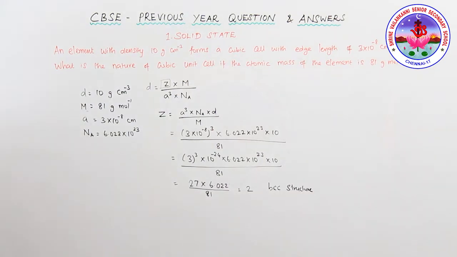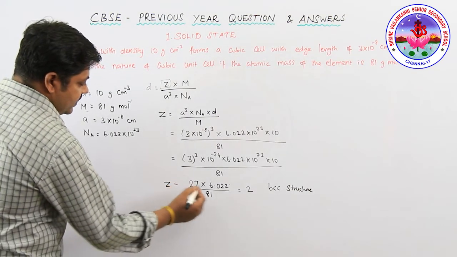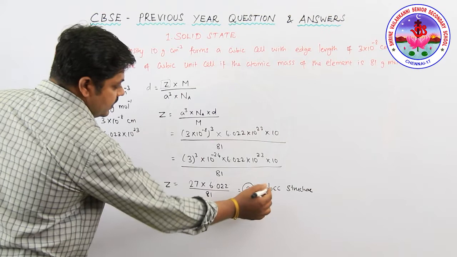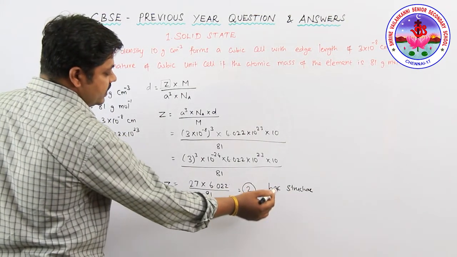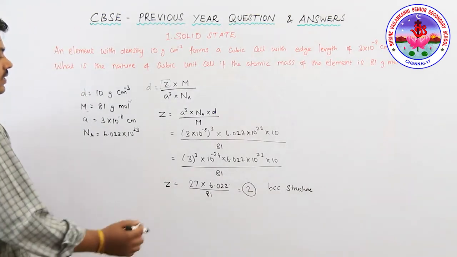I hope you get the answer 2. That means Z is 2. When Z is 2, the structure will be BCC unit cell, that is BCC structure. So this is the answer.